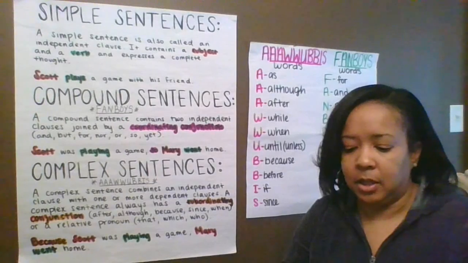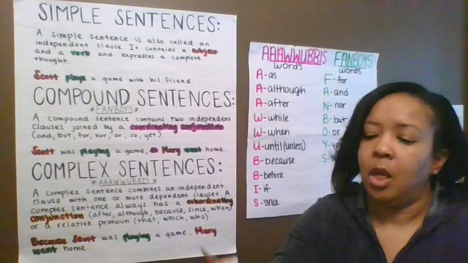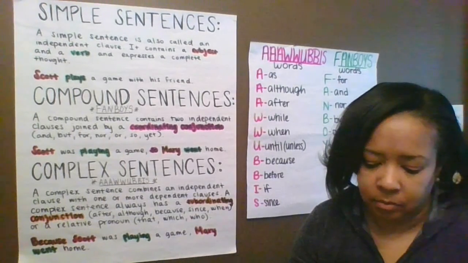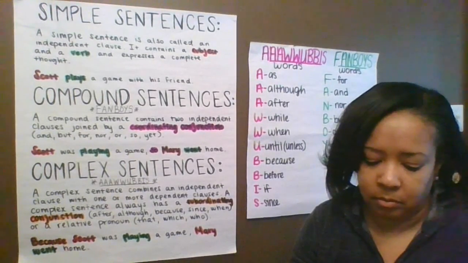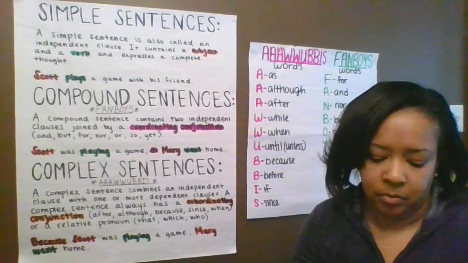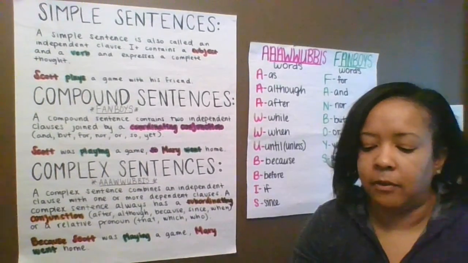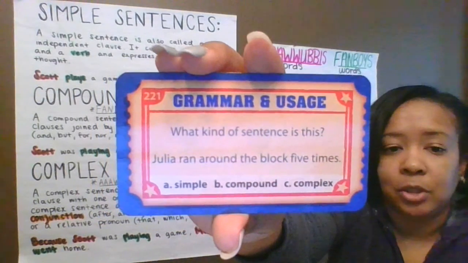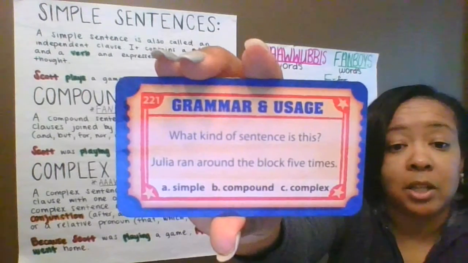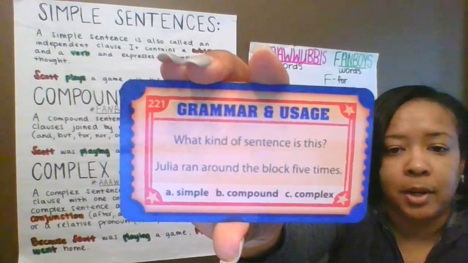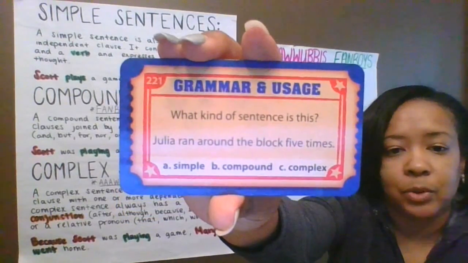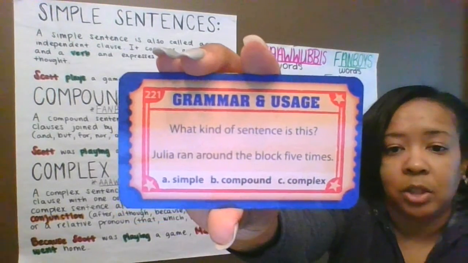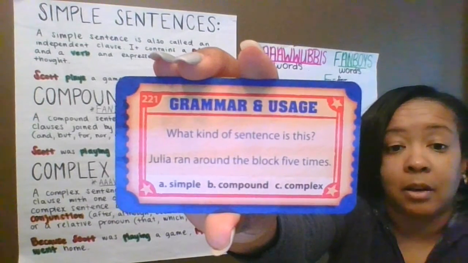My first sentence is, Julia ran around the block 5 times. Julia is my subject. Ran around the block is what she did, so that's my predicate. This is a simple sentence. It does not contain any conjunctions. It has a subject, a predicate, and it's a complete thought.